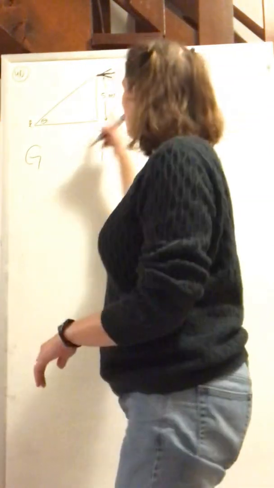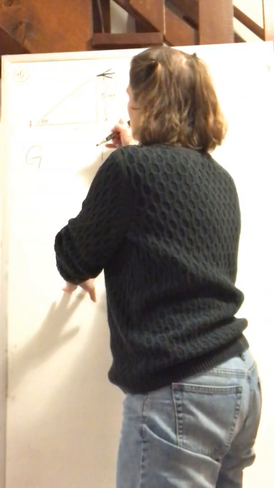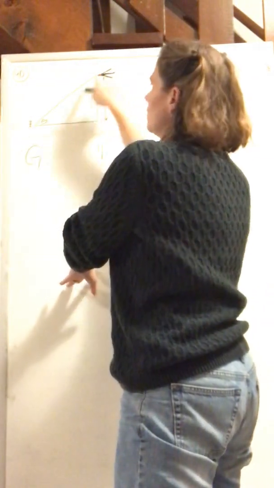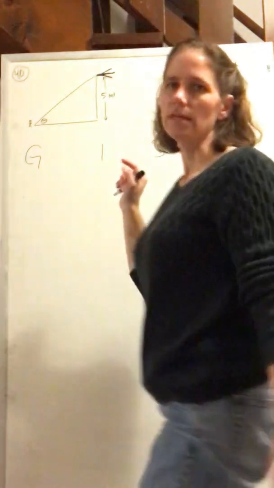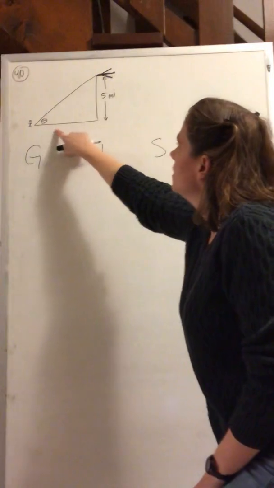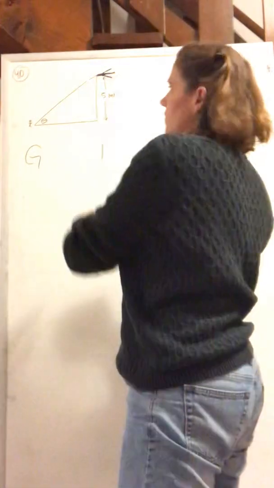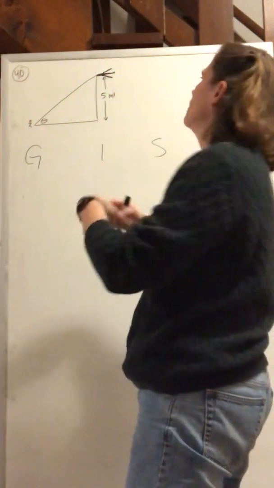All right, we are given that the height is 5 miles, and because we're dealing with a triangle kind of in standard position, I'm going to think of this as x and this as y. That way it ties into our unit circle stuff too.